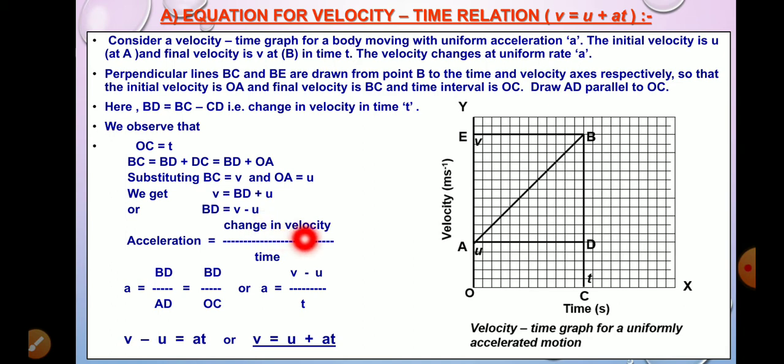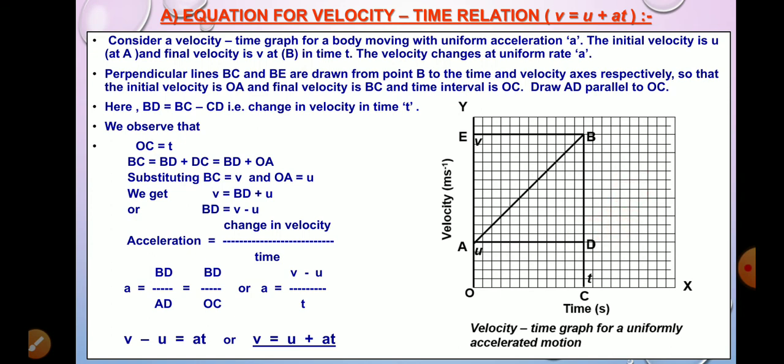BD is the change in velocity. Initially it was U and the final velocity is V, so BD is V minus U, the change in velocity.